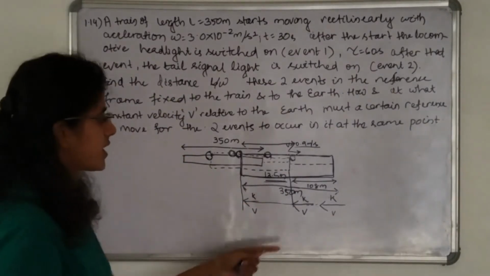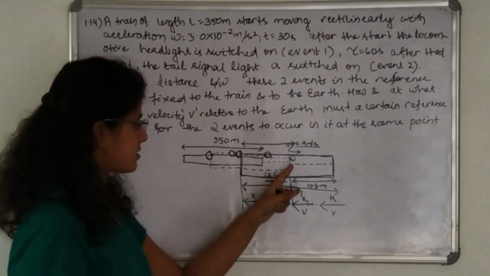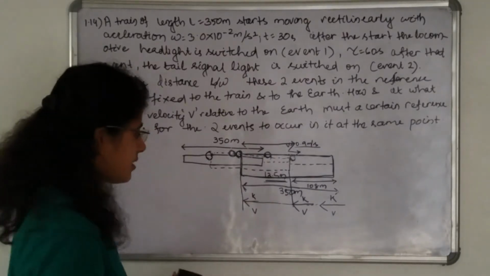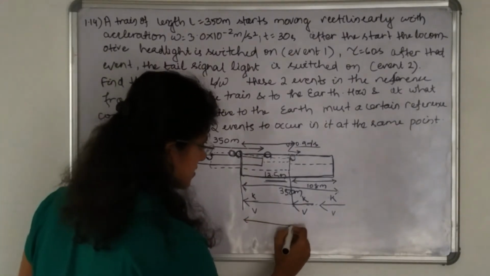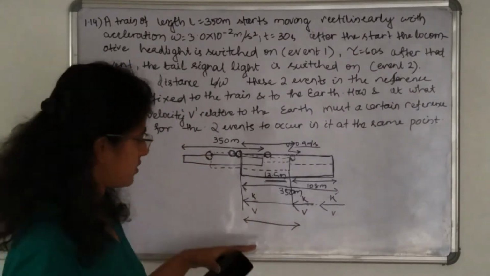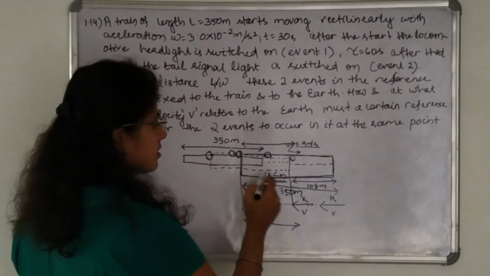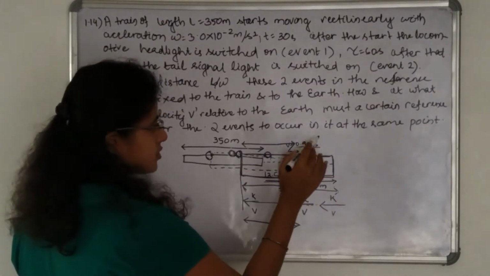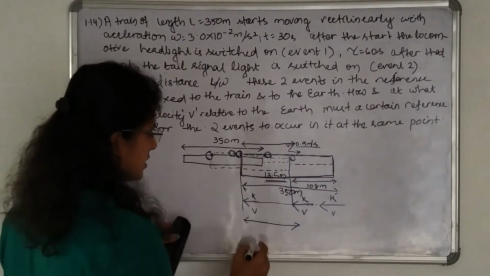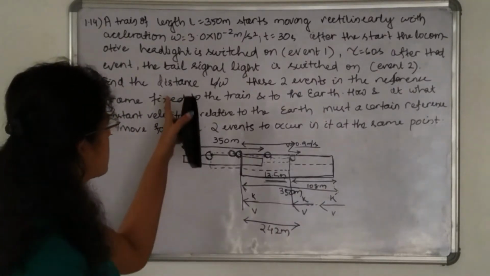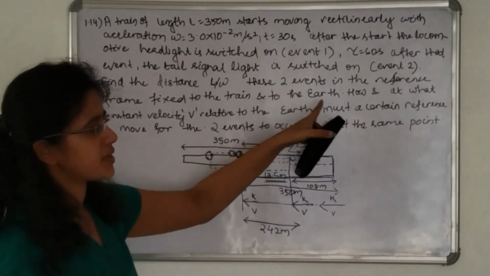To experience these two events at the same point, how much distance does it have to cover? This distance. The train is 350 meter, this is 108 meter, so 350 minus 108 is 242 meter. That is the distance between the two events with respect to the earth frame.